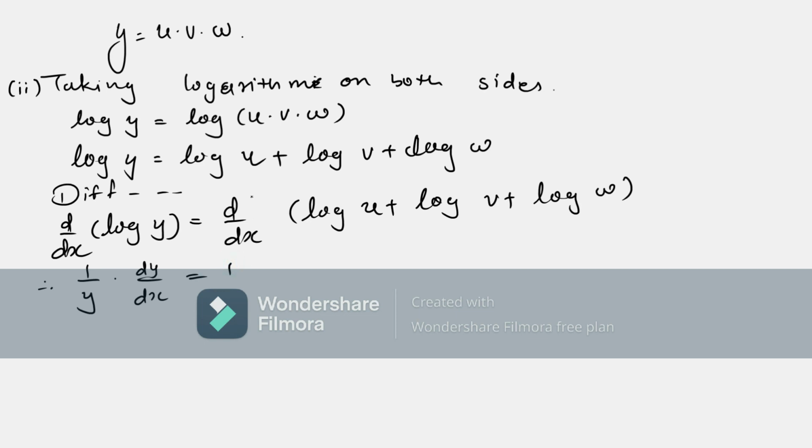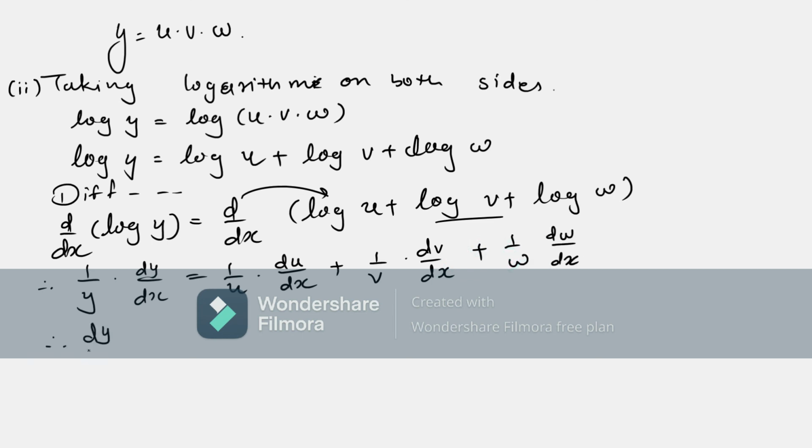Similarly d by dx of log u is 1 by u du by dx, then 1 by v dv by dx, and 1 by w dw by dx.